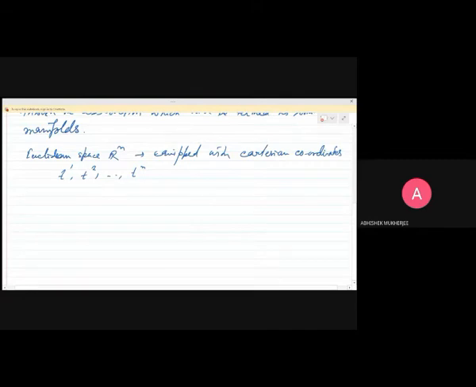In this context, smooth manifolds are spaces that look like some Euclidean space Rn locally. Okay.